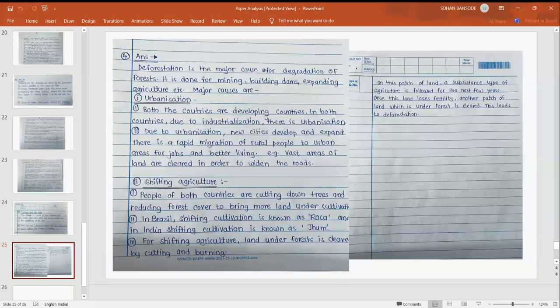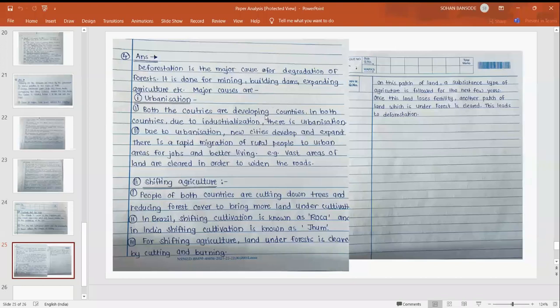The next reason is shifting agriculture. The first point is people of both countries are cutting down trees and reducing the forest cover to bring more land under cultivation. In Brazil, shifting cultivation is known as roça, and in India, shifting cultivation is known as jhum.